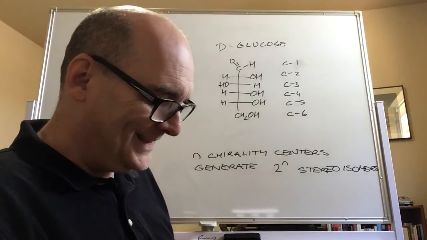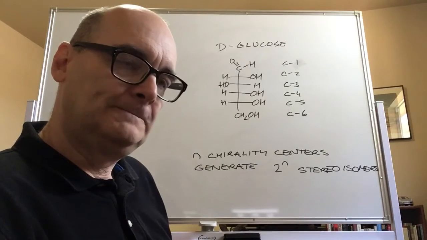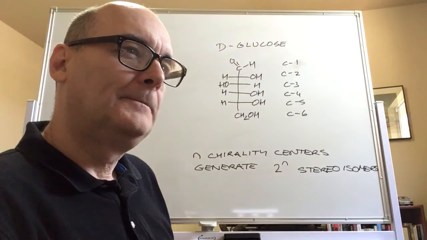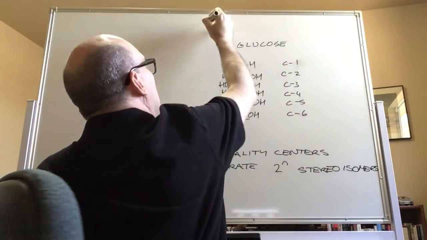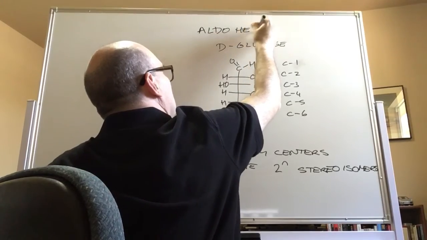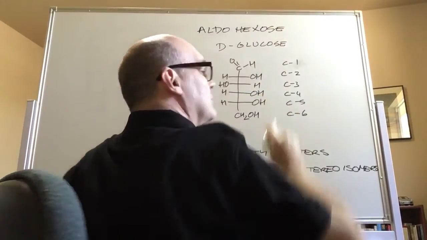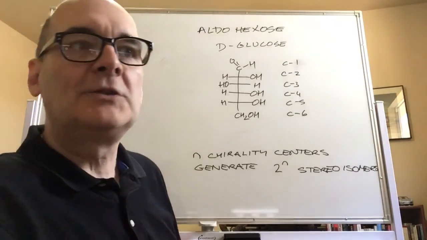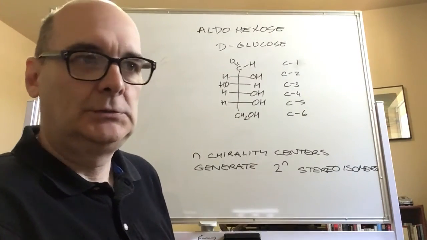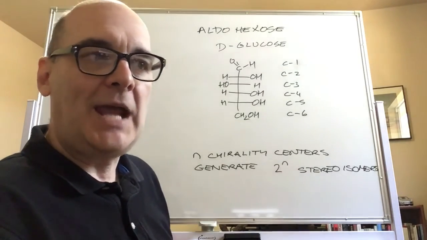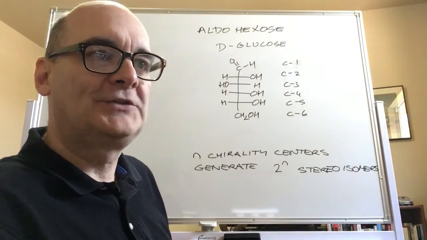D-glucose is 6 carbons long with an aldehyde. Glucose is what we would call an aldohexose. Ose, it's a sugar. Hex, it's got 6 carbons.